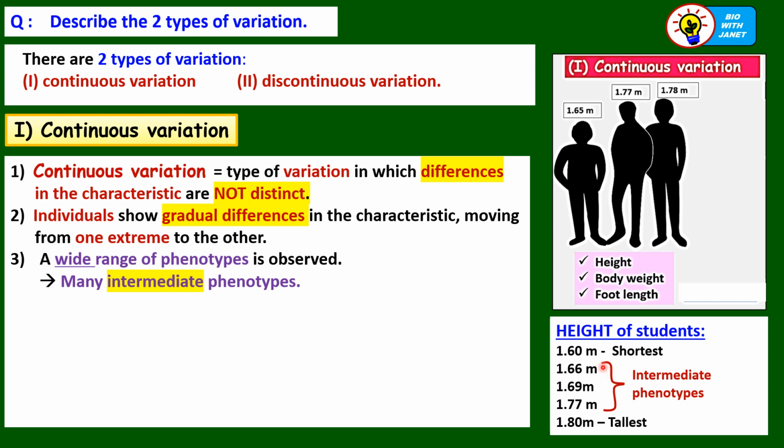So the students that have intermediate phenotypes may have the height of 1.62, 1.63, 1.64, 1.66, 1.69, 1.77, 1.78, and so forth. So many intermediate phenotypes are possible. Now, we must also make sure that the group of students are of the same age and same gender.